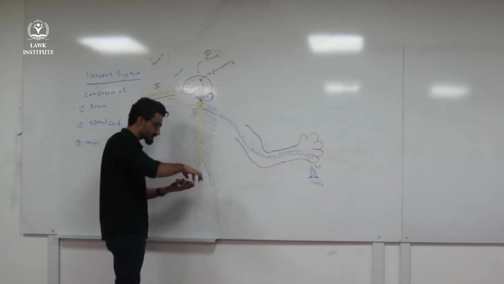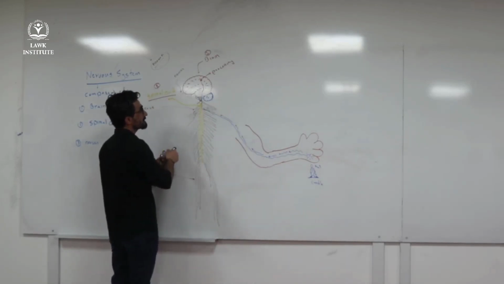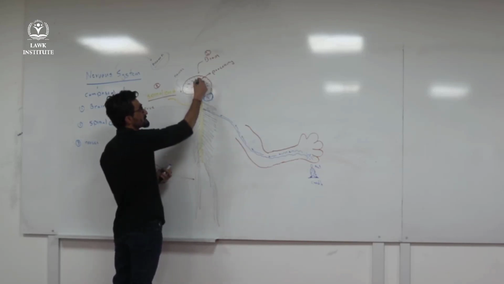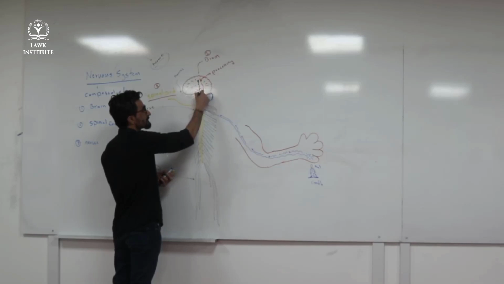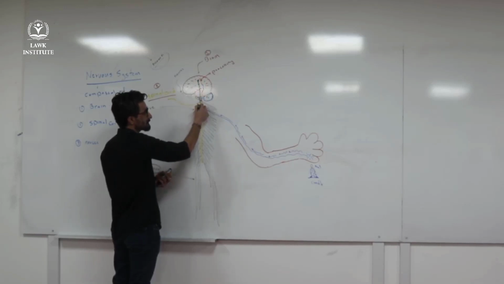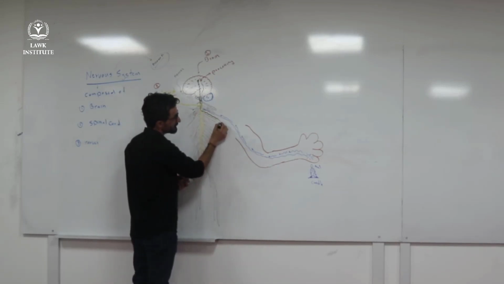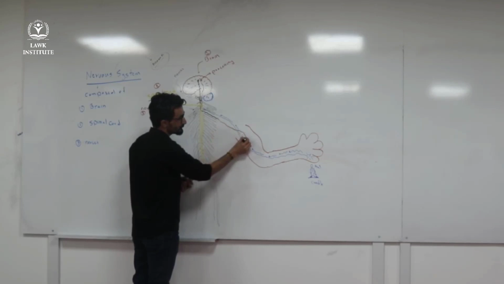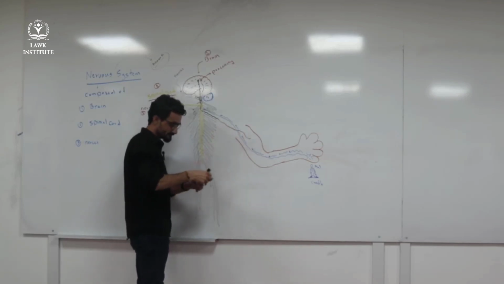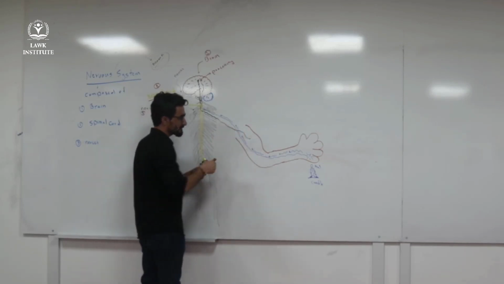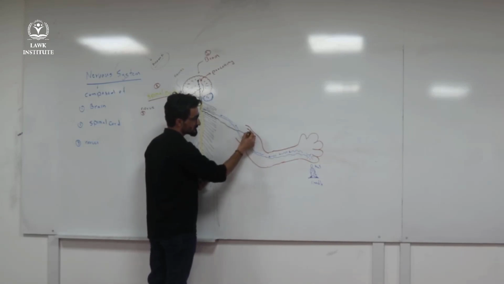So in response, on the other side, another neuron creates a response and goes down from the brain to the spinal cord, and then leaves the spinal cord through a specialized nerve, and then goes to a muscle. In this case, the muscle, let's say, is the biceps.